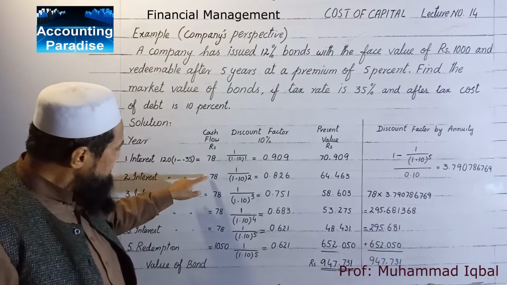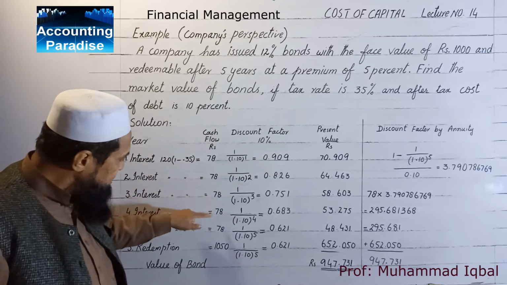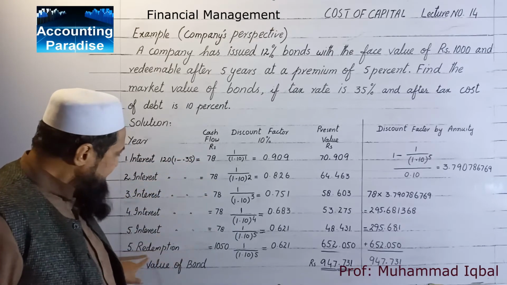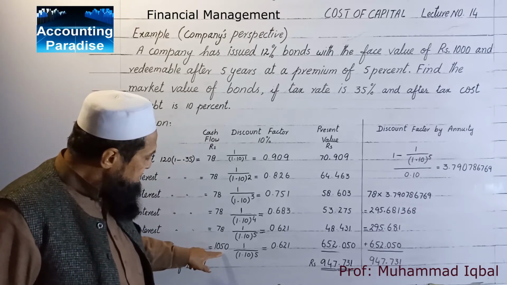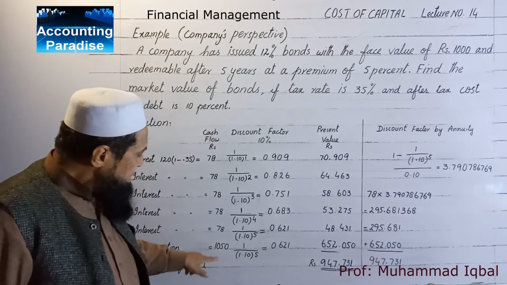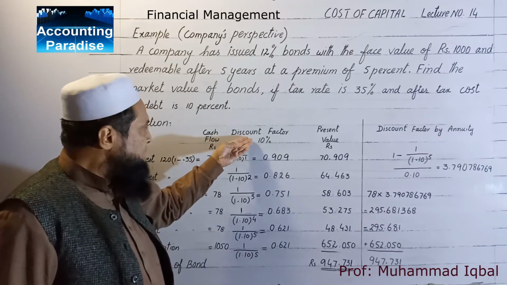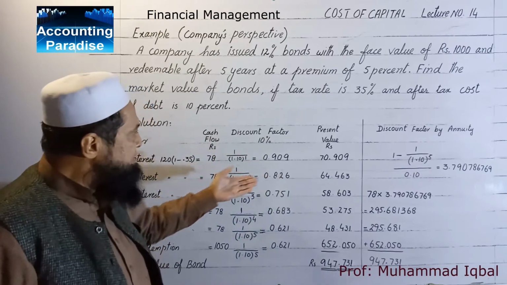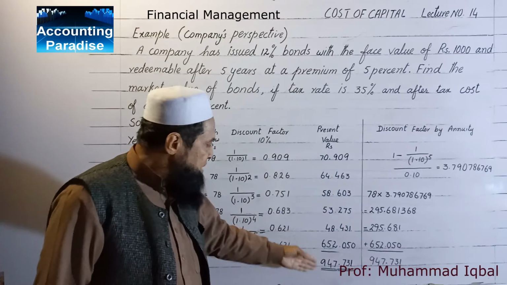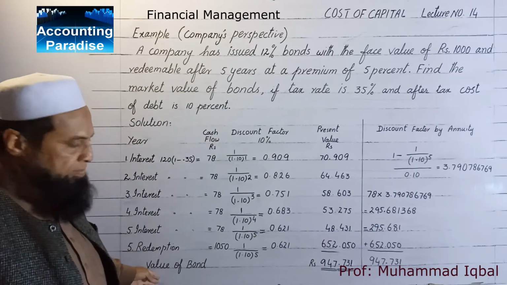The stream of 78 for year 1, 2, 3, 4, 5, and redemption at a 5% premium. Now with the same discount factor of 10%, when we multiply, this is the present value, and the total present values are equal to the value of the bond.